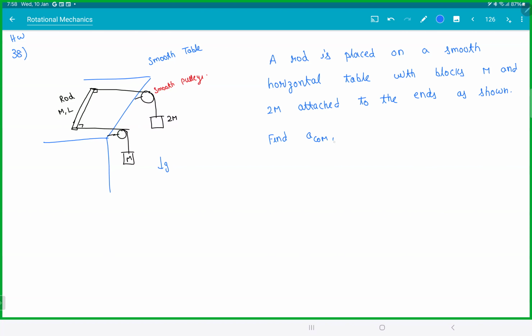Find the acceleration of the center of mass and alpha of the rod. Clear? This is one. Have a look at this question. You can try this later on. Question is understood?